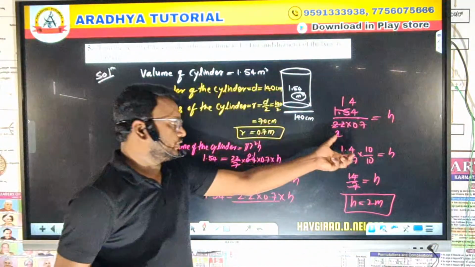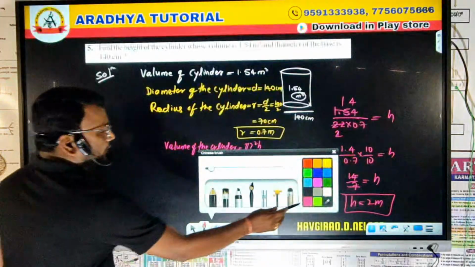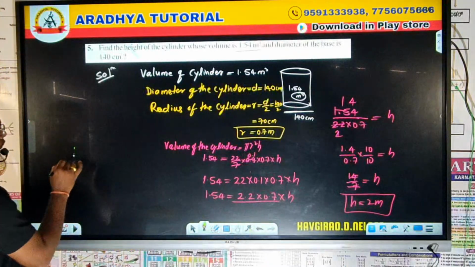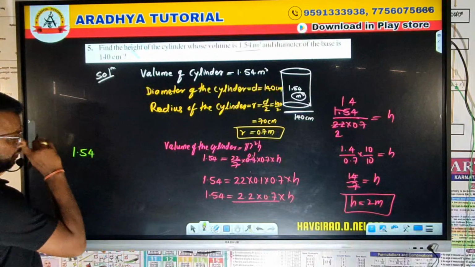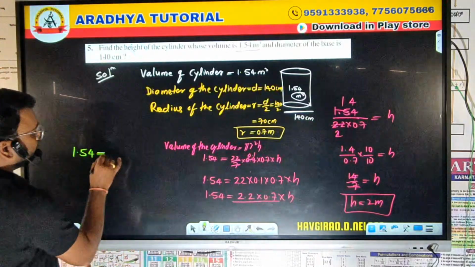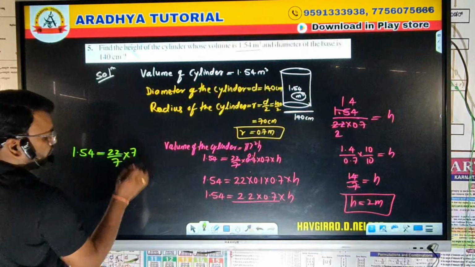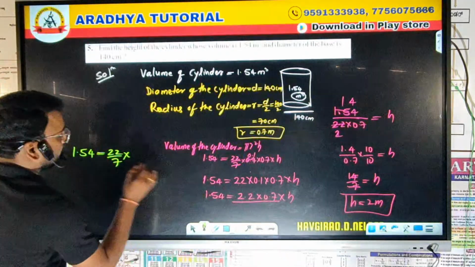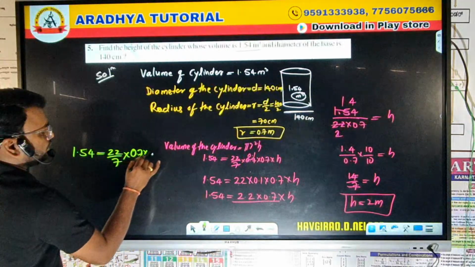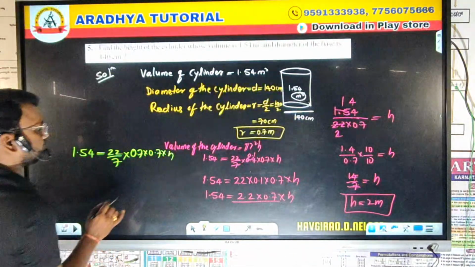If you have not understood, once again see here. 1.54 equals 22 divided by 7 into 0.7 into 0.7 into h.